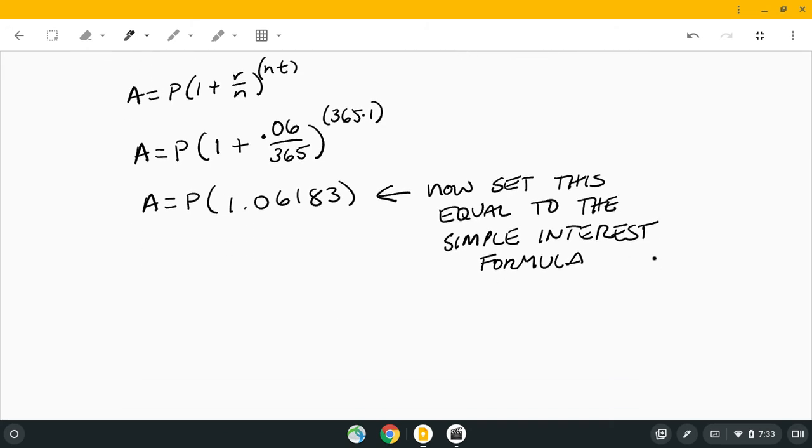This is our simple interest formula, right? Well, we want to figure out the interest rate such that at the end of 1 year, this amount will be the same as this amount.